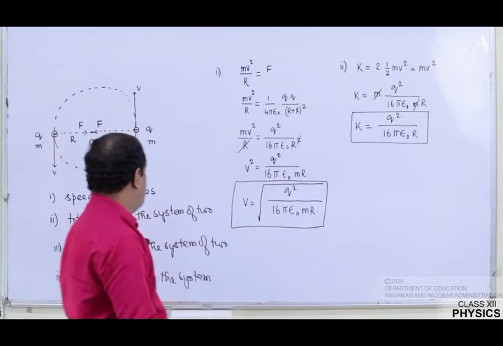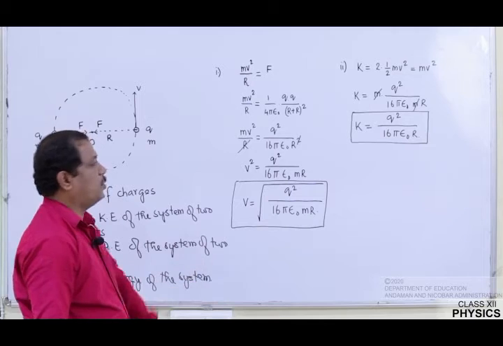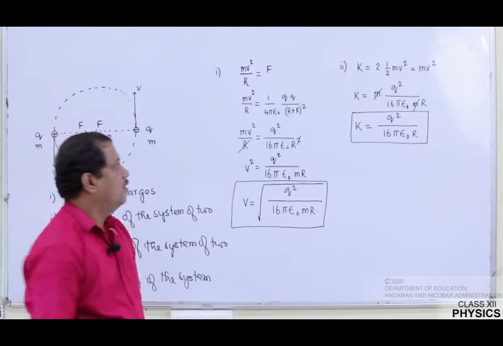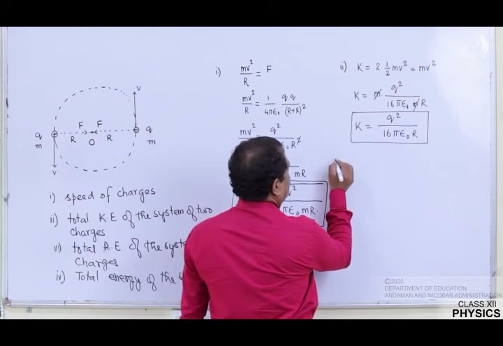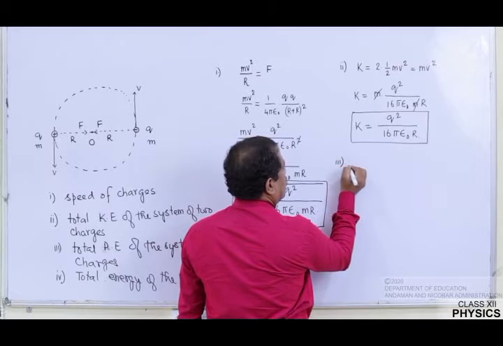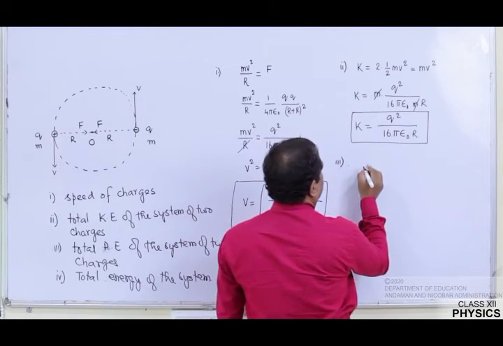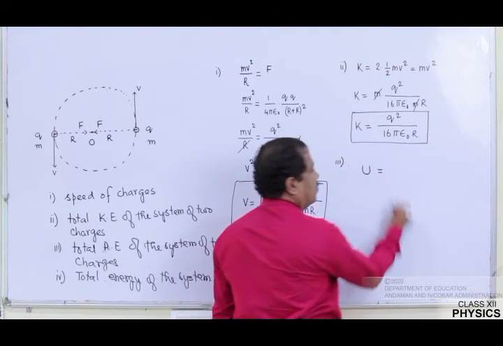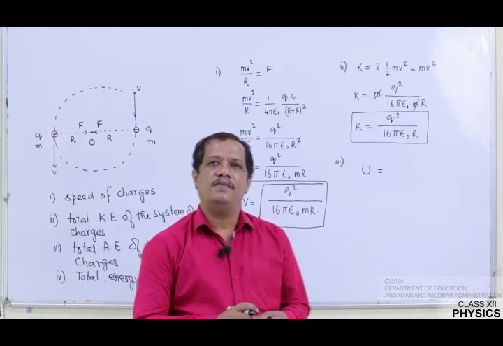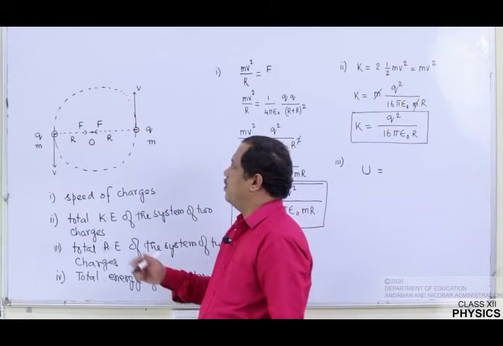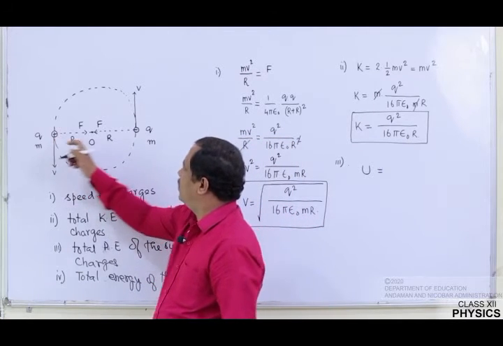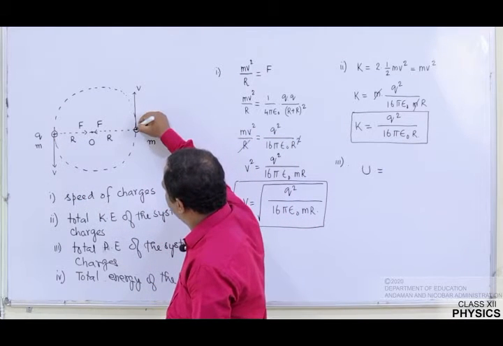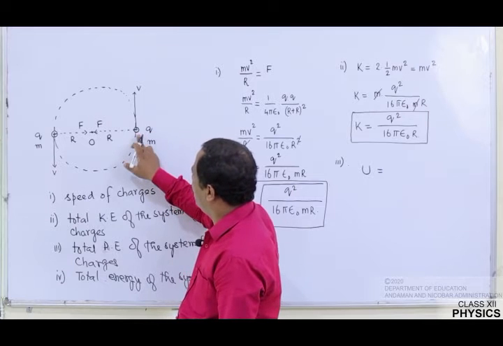The third one is to calculate the total potential energy of the system. Let me say total potential energy U. We have already studied potential energy. Let me say that this is the charge Q. This charge Q will have its potential at the point at which minus Q charge is placed.